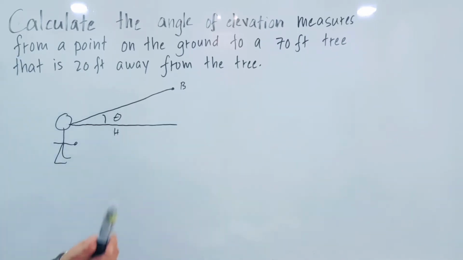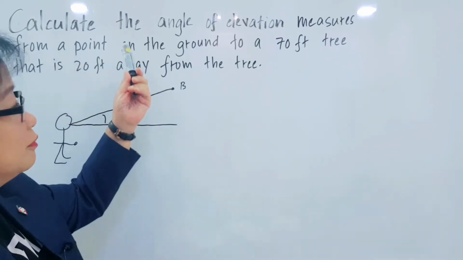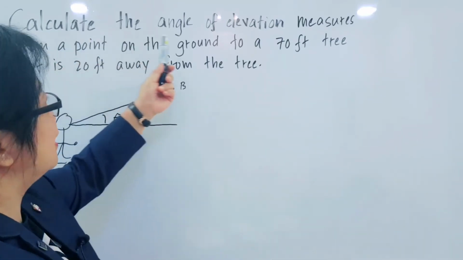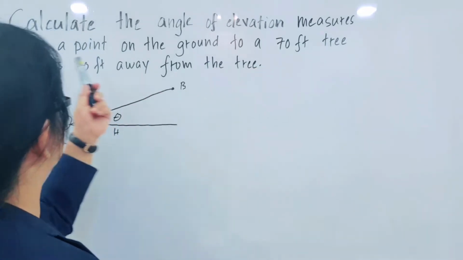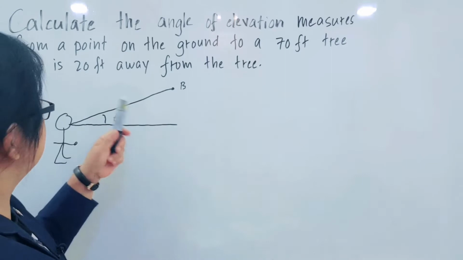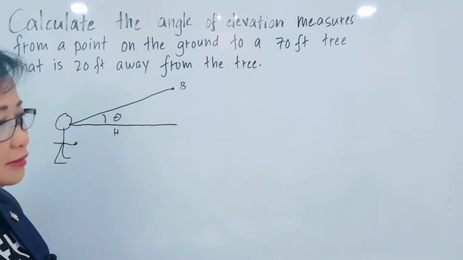Now, to illustrate this, we have one sample problem. Calculate the angle of elevation measured from a point on the ground to a 70 feet tree that is 20 feet away from the tree.